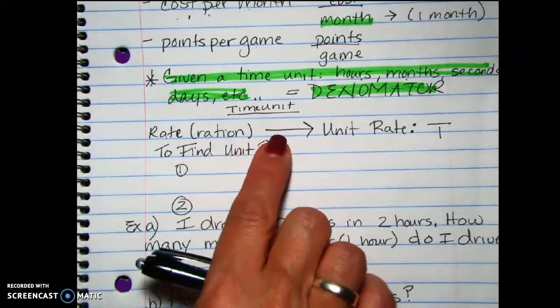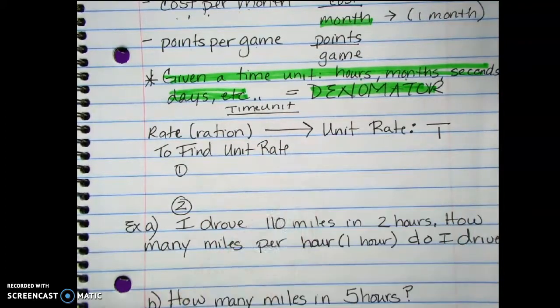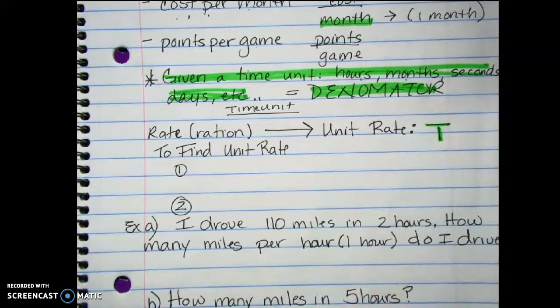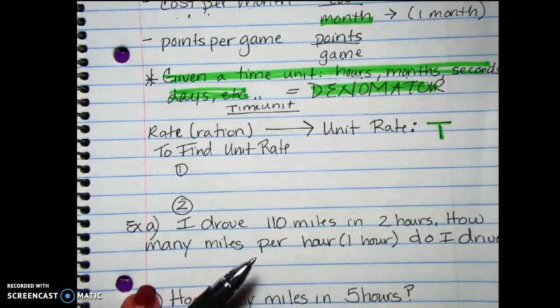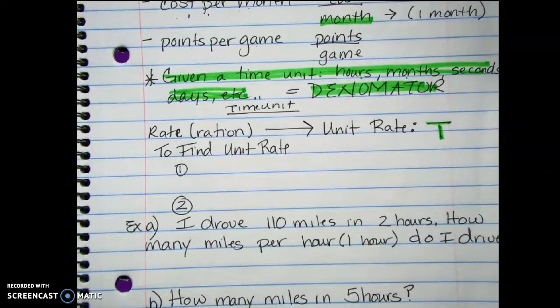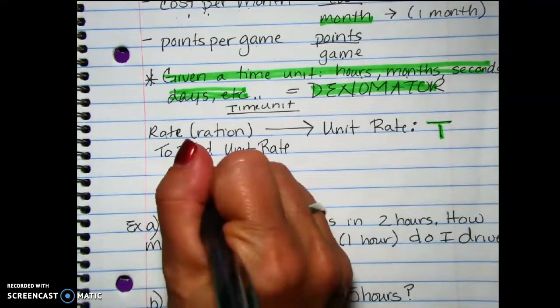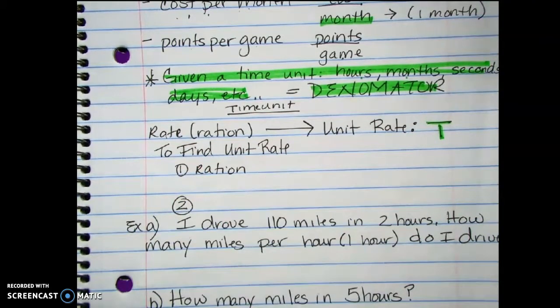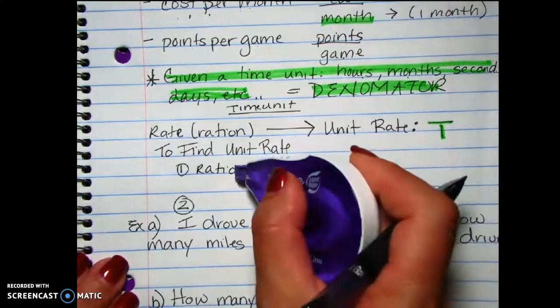Okay, so now we're going to be getting rates or ratios, and we're going to have to convert them into a unit rate. That means we have to have them with a denominator of 1. So how do I do that? Well, to find a unit rate, it's not anything that you haven't already done. To find a unit rate, we take our ratio. Oops, not rate, ratio. Sorry, guys. Ratio.